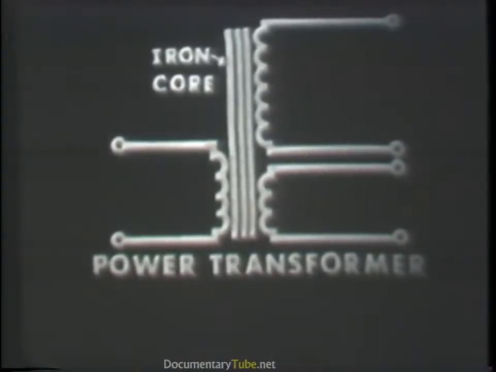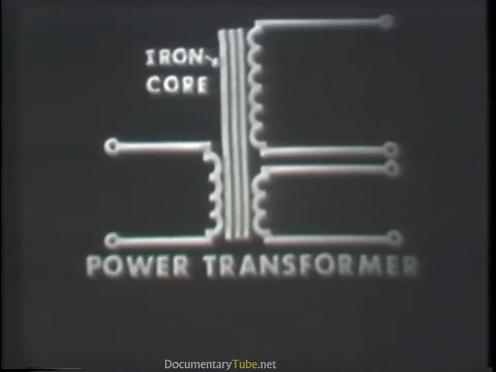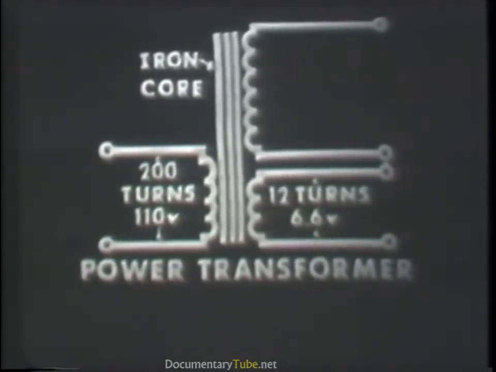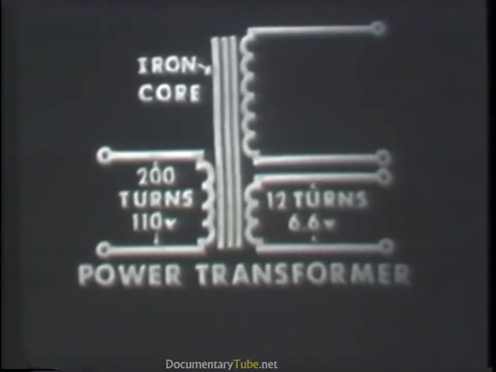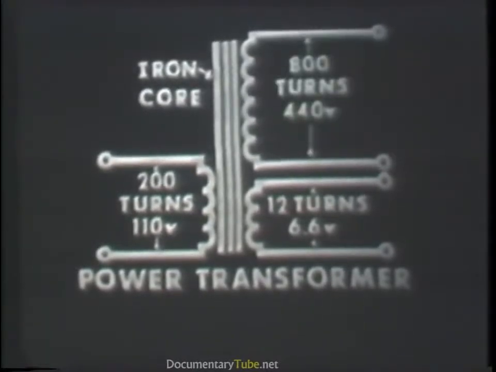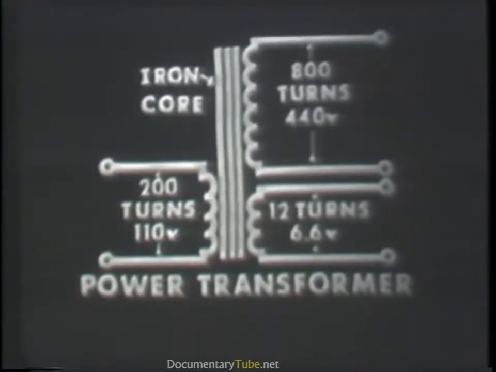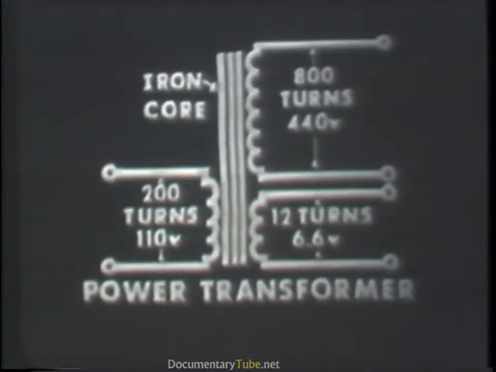You'll notice that each secondary has a different number of turns. One of the secondaries has fewer turns than the primary. Therefore, it produces less voltage than that applied to the primary. The other secondary, though, has more turns and thus produces more voltage. Now, you'll also notice that the power transformer is constructed with an iron core.